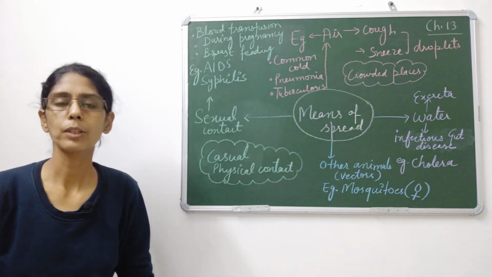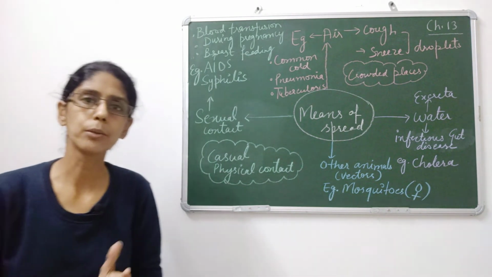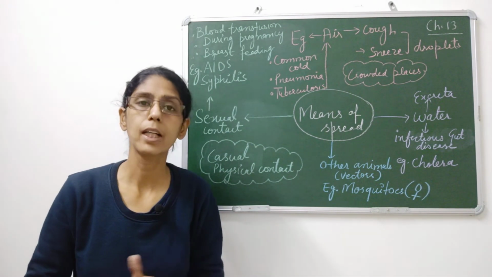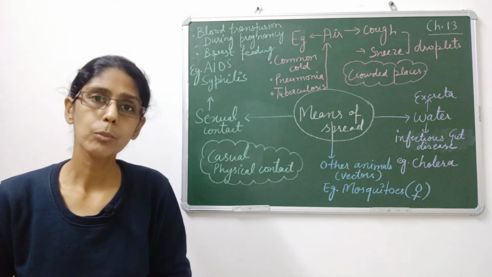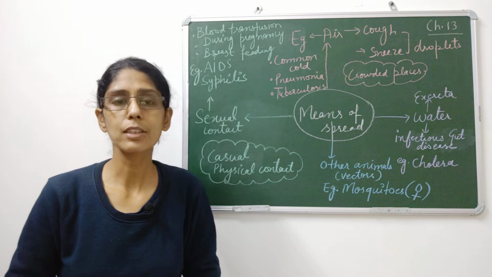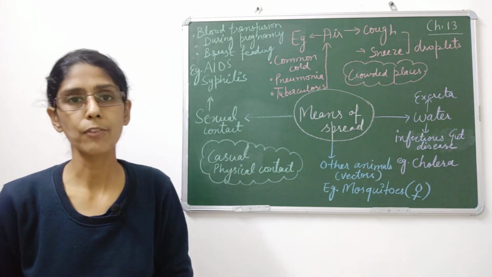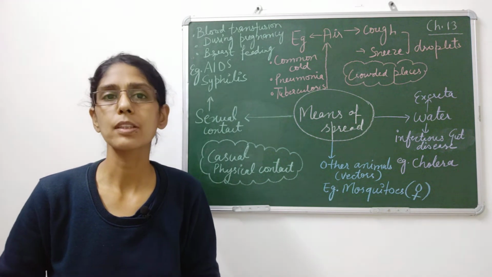But here we need to be aware of the difference between sexual contact and casual contact. We already know the difference between sexual contact and casual contact. But the point of awareness here is that we should not discriminate, or have any bias against people who are suffering from sexually transmitted diseases.